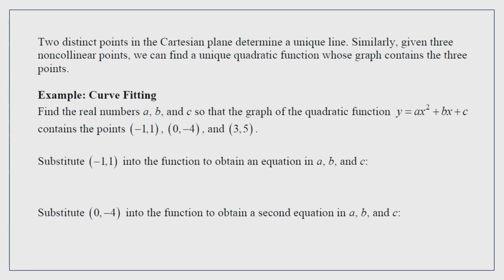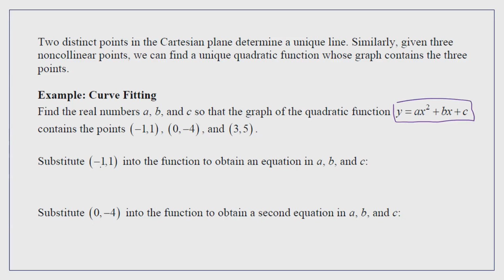So, in this example, we're asked to find the real numbers a, b, and c so that the graph of the coordinate function y equals ax squared plus bx plus c contains the points -1, 1, 0, -4, and 3, 5. So first we're going to substitute in -1, 1 into the function to obtain an equation in a, b, and c. So we know our quadratic function.